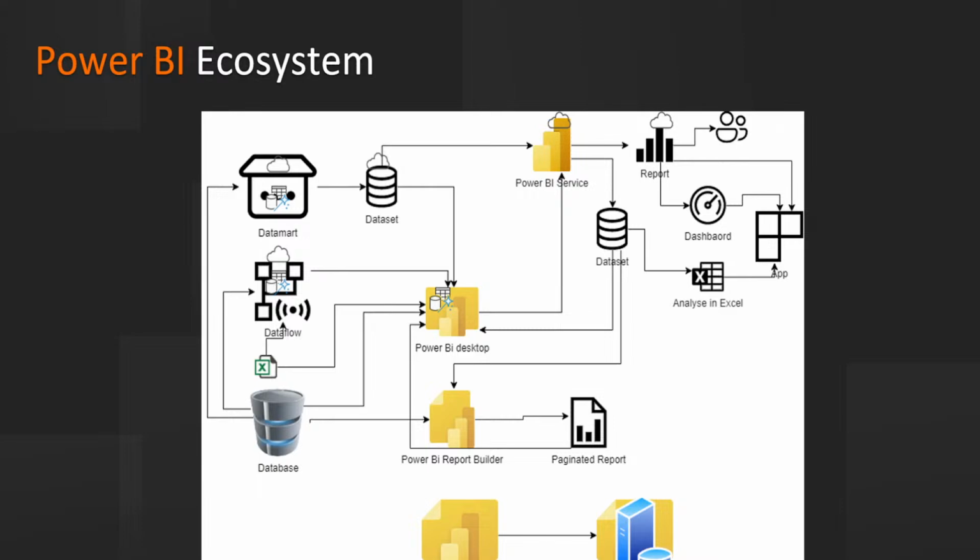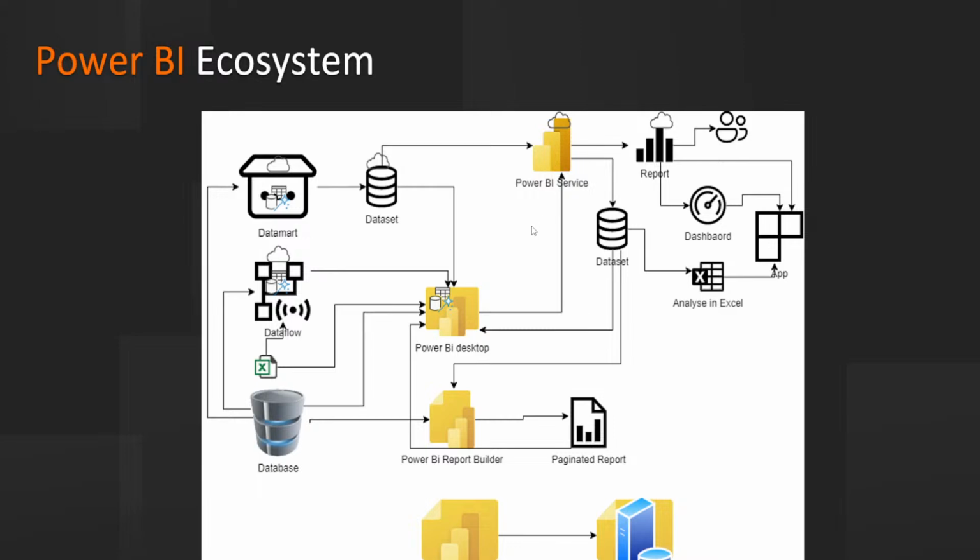You have to understand the Power BI ecosystem. In Power BI Desktop, you basically create the visualizations, you create your models, and then you publish it, and when you publish it, it goes to Power BI Service. Power BI Service is where we do the collaboration, we share it with other users, we schedule it, we subscribe to the emails, and that is where the entire user interaction happens.